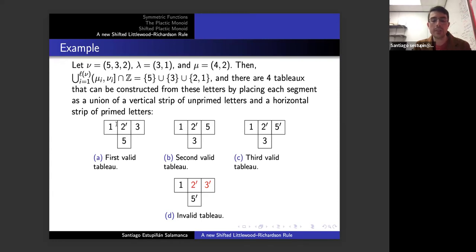This is a vertical strip. Then I am thinking here of the tableau in A. So then 2 prime, this is a horizontal strip. It is right of the vertical strip. Then the second sequence is when I append this 3. This is a vertical strip, and 5 is a vertical strip as well.